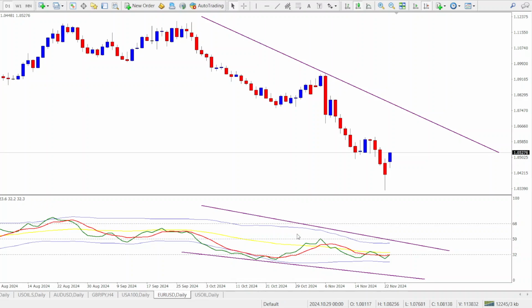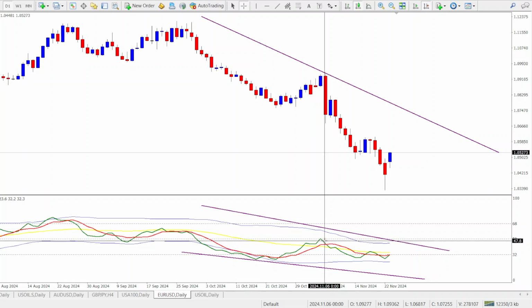Now, having identified that this is a sell trend and the line is going downwards, watch out for crossovers between the green line and the red line. For a sell signal, watch out for when the green line crosses below the red line. That cross gives you a sell signal.